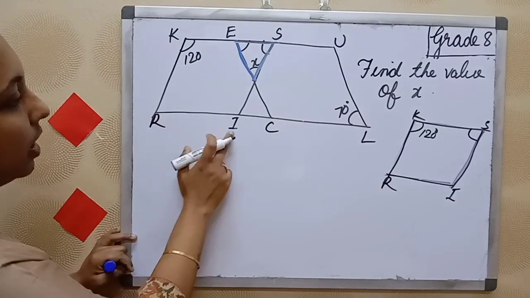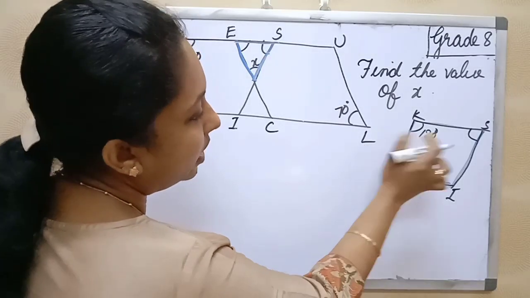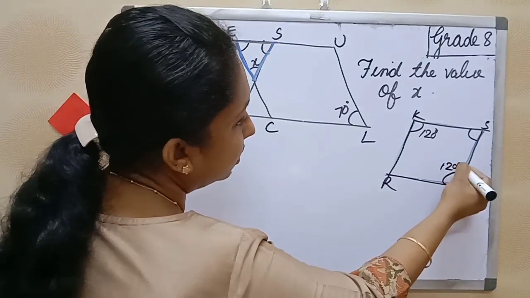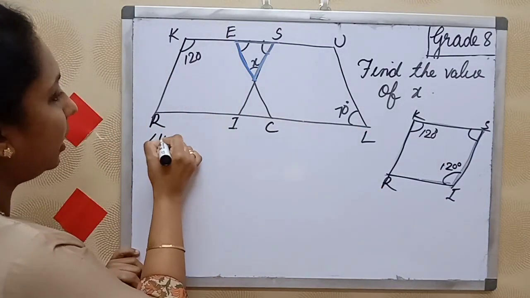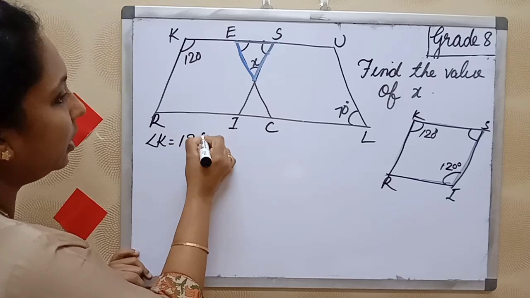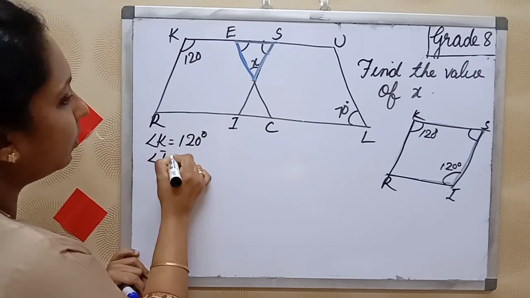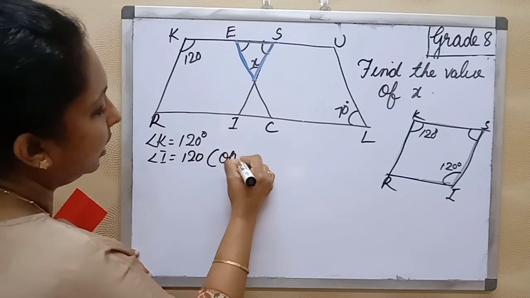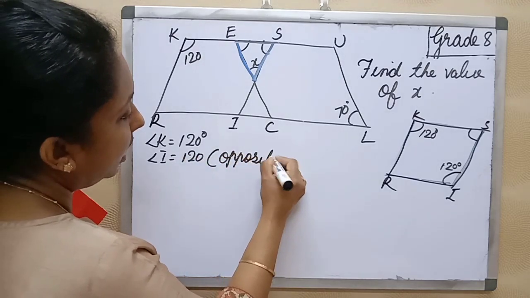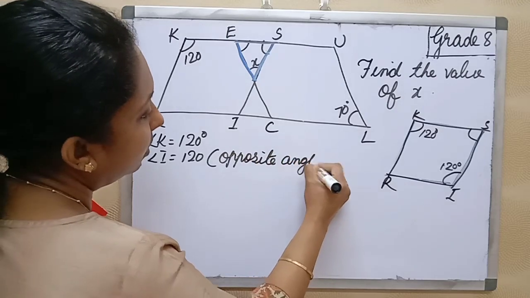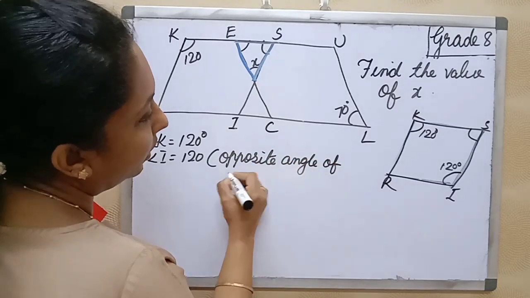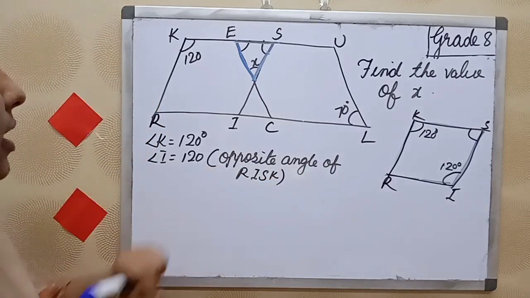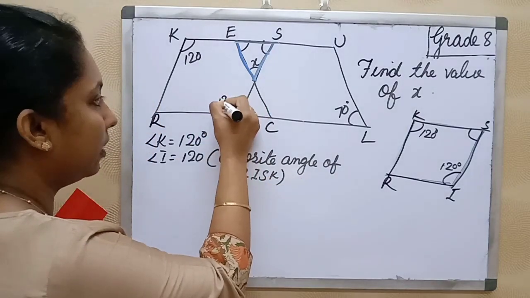And RI. Then if K is 120, then I is also 120. That is, angle K is equal to 120, so angle I is equal to 120. Opposite angles of parallelogram RISK. So angle I here is 120, we got.